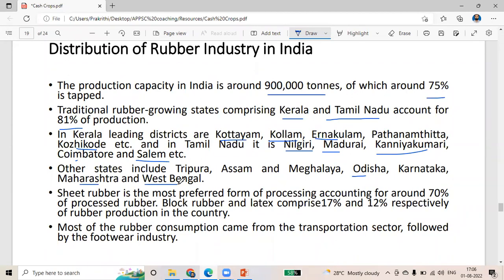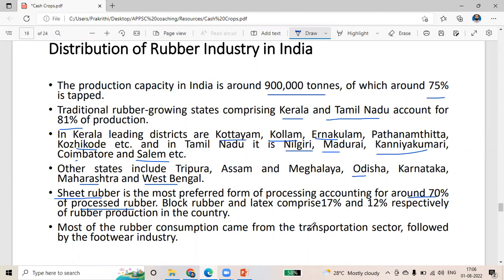So this is how rubber is distributed, and it is mainly seen in sheet form. The rubber plant is tapped, its milk, the latex, is collected, and from the latex we make sheets. These sheets account for about 70% of processed rubber. To make rubber products, we mostly use these sheets.